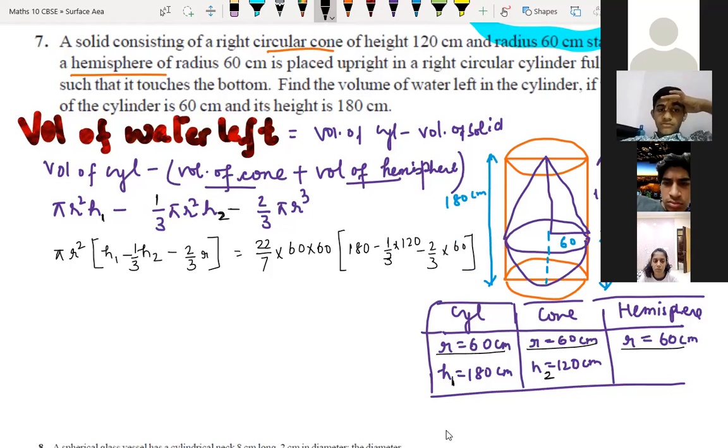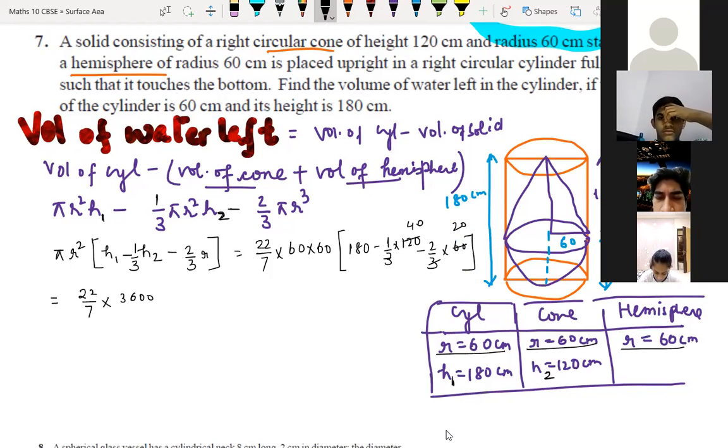So cancel here, 3 4s are 12, 3 20s are 60. Then we can write 22 by 7 into 3600, 180 minus 40, 140, 140 minus 20 is 120.